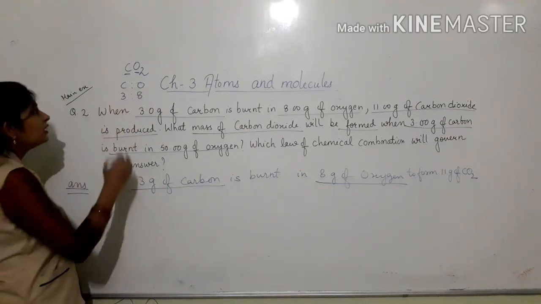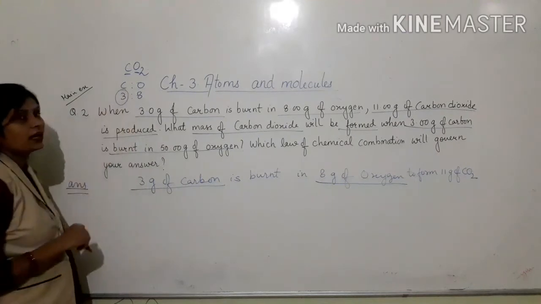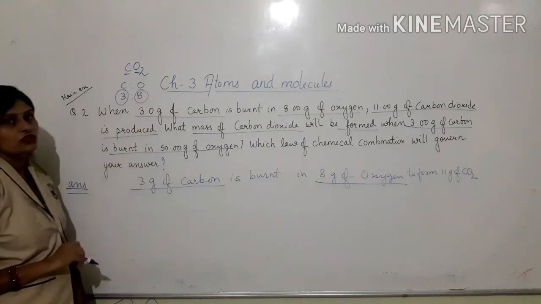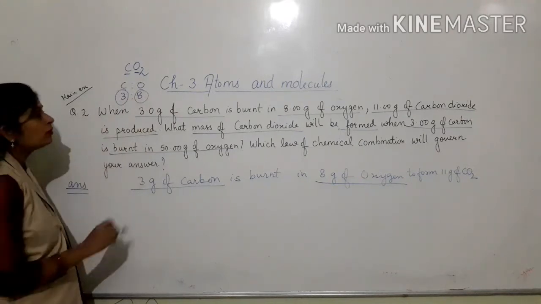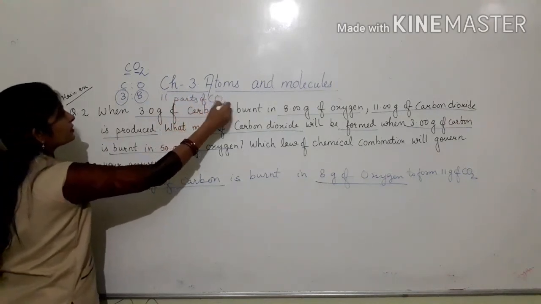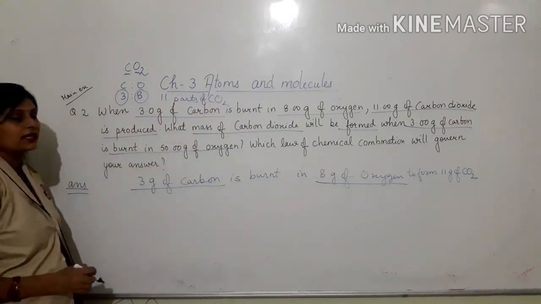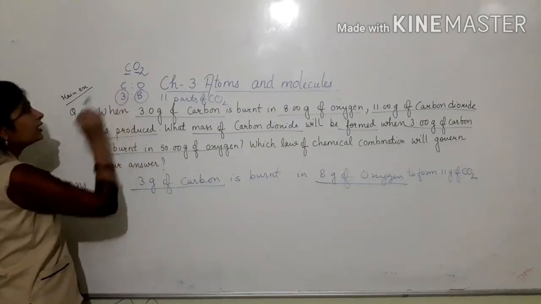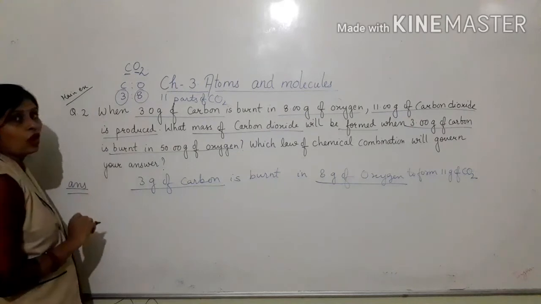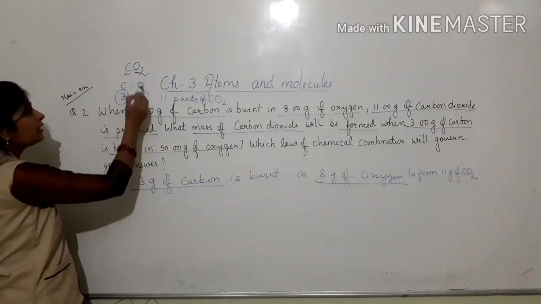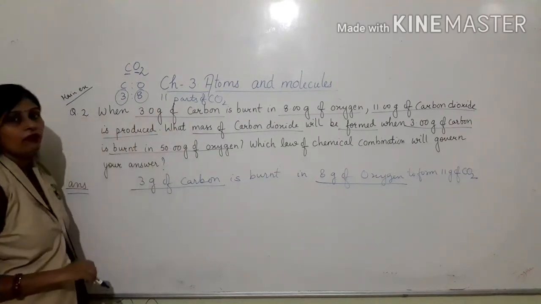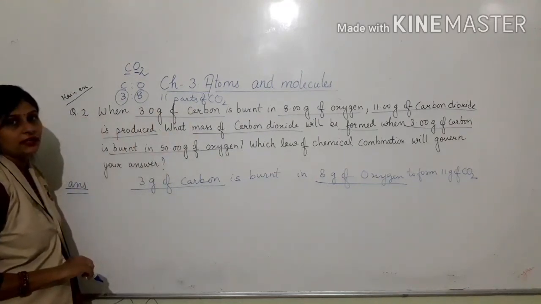It means if 3 parts of carbon are there, then 8 parts of oxygen are there to form 11 parts of carbon dioxide. Or we can also say that 3 grams of carbon require or burn in 8 grams of oxygen to form 11 gram of carbon dioxide.